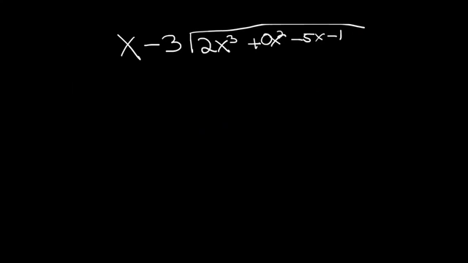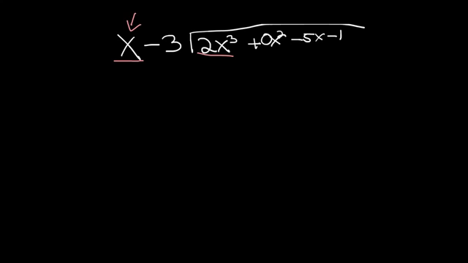Just like any other long division problem, we have to look at the first term of the dividend and see how many times the divisor can go into it. But in this case, we only look at the first term of the divisor, with the x. And we check how many times x can go into 2x cubed.